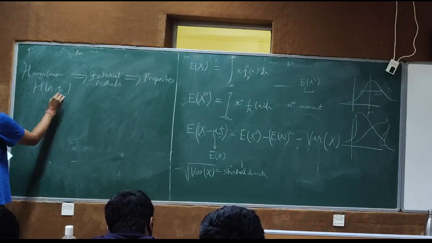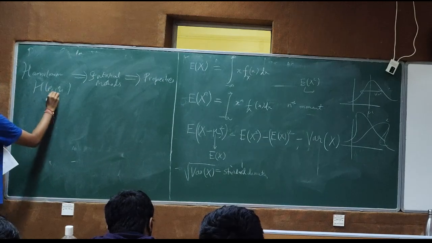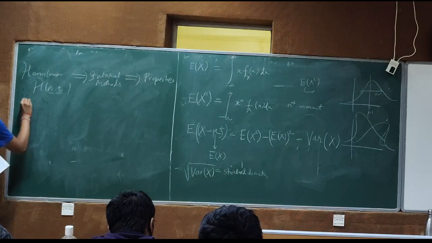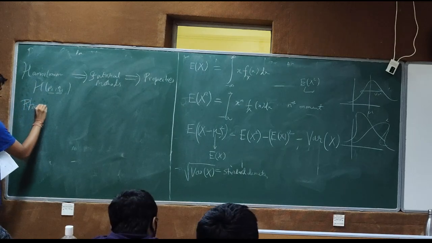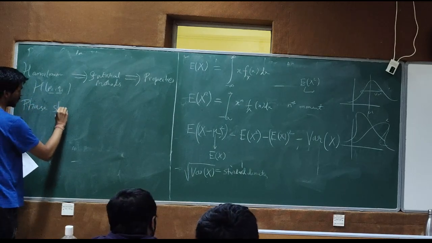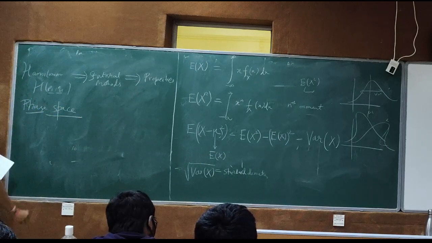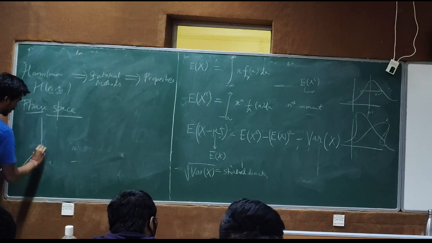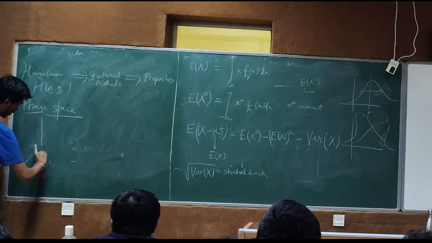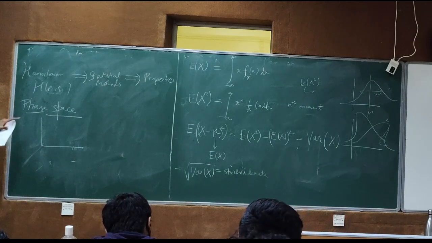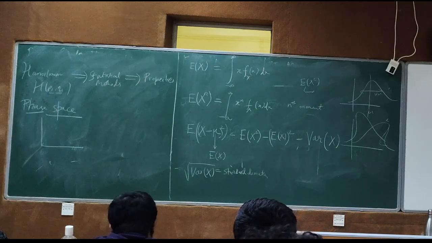So since we defined the Hamiltonian, instead of the generalized coordinates, you can define something called a phase space. The phase space is the space of all these generalized momenta and positions together.